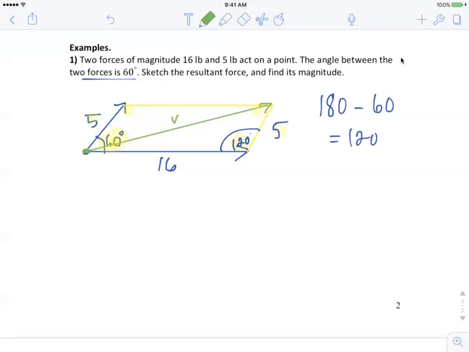To do that, I have this bottom triangle here, and it's side, angle, side. So side, angle, side is law of cosines. So use your law of cosines formula.